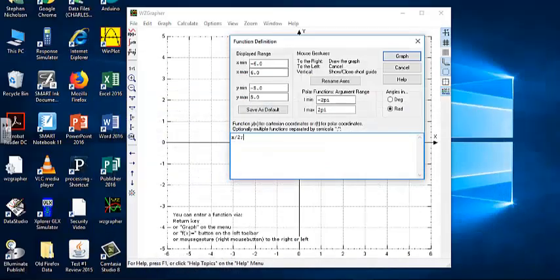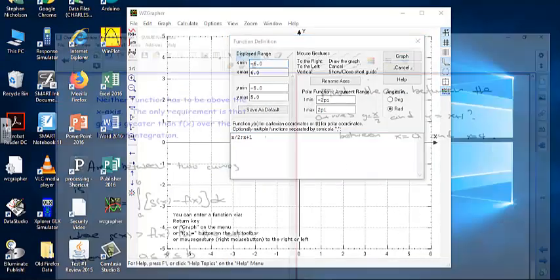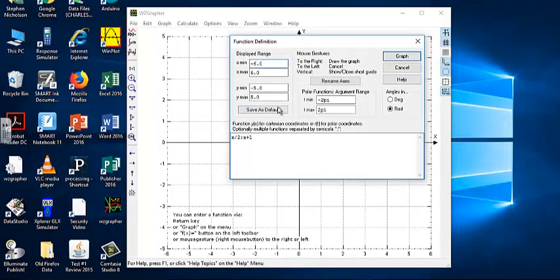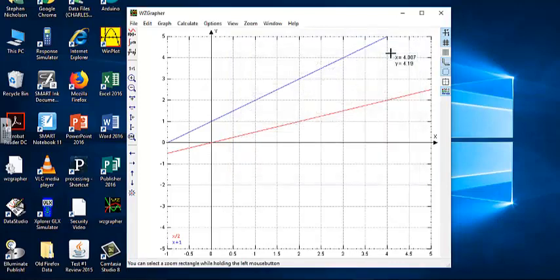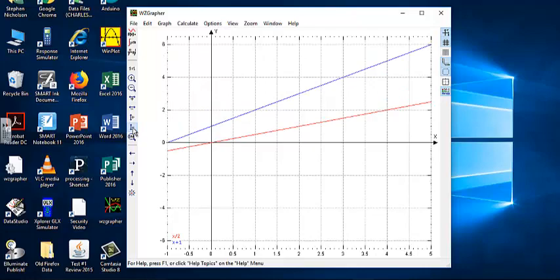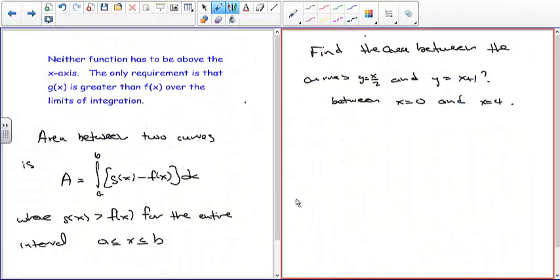They're just two linear functions. I'm going to plot them between, they say the limits are between 0 and 4, so I'm going to do it between -1 and 5, just so we have some different parts here. There it is. Let me zoom out a little bit in the x direction. I'm going to take a picture of that and put it on my smartboard.